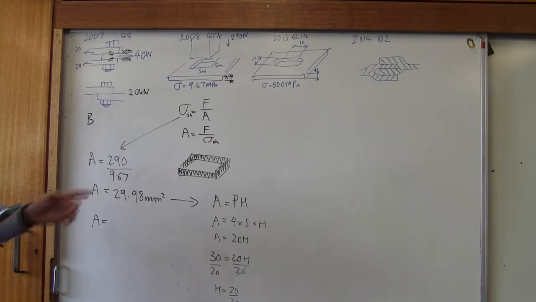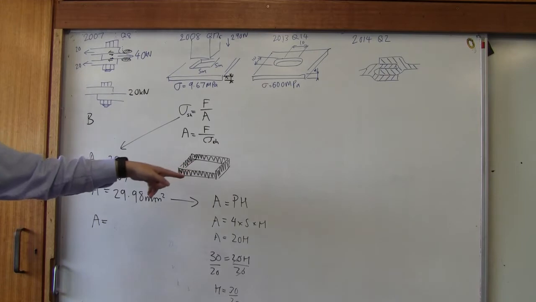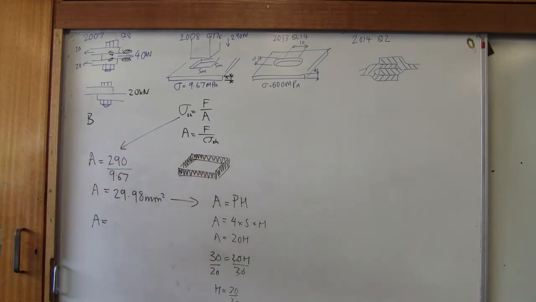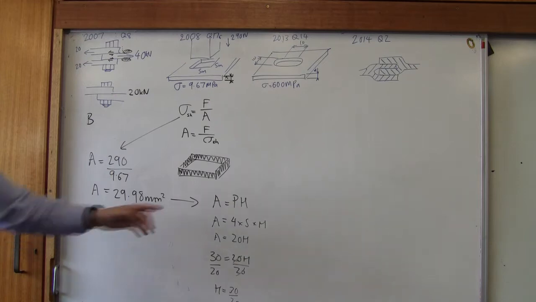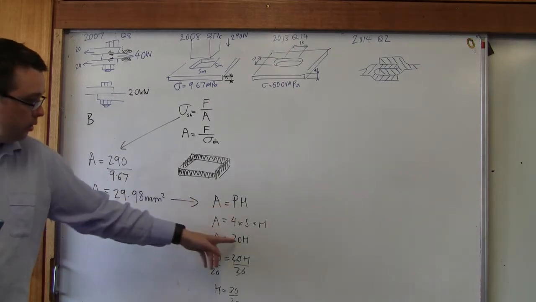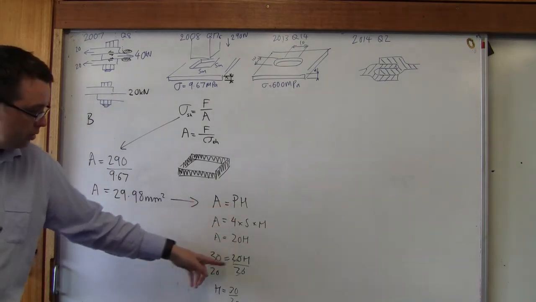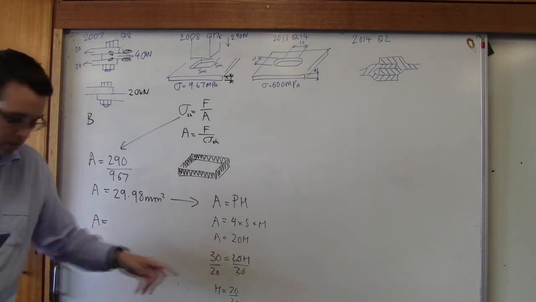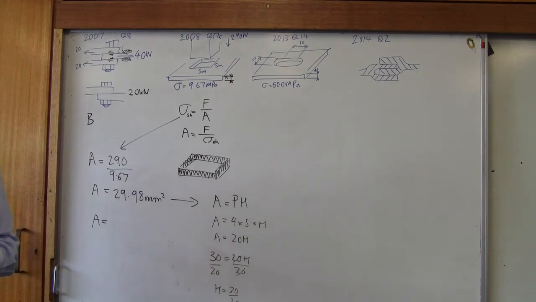The perimeter is 5 plus 5 plus 5 plus 5, so that's 5, 10, 15, 20, so it's 20. Divided by 30, area equals perimeter times height. I take 30 divided by 20, divide both sides by 20 to get rid of it. Divided by 20, 1.499.